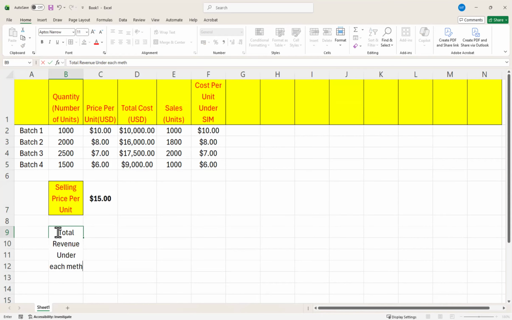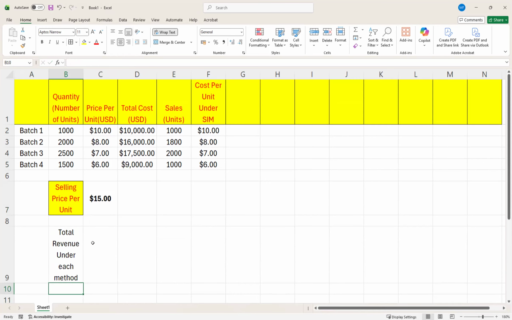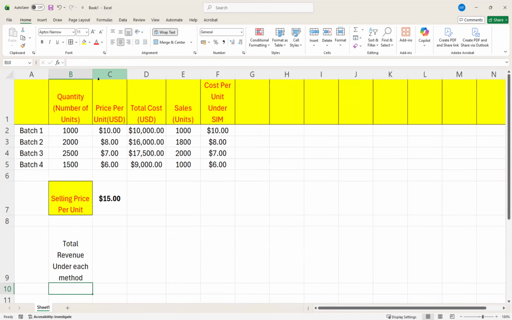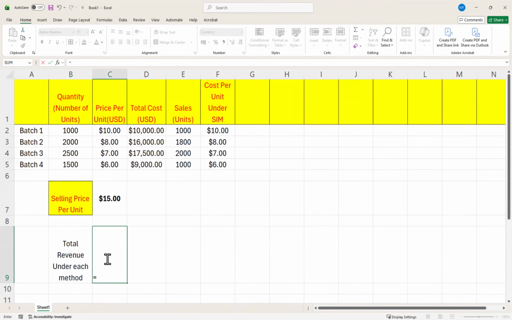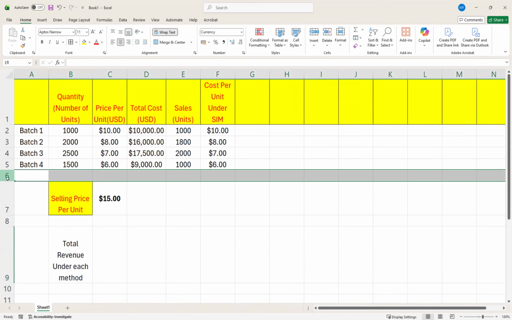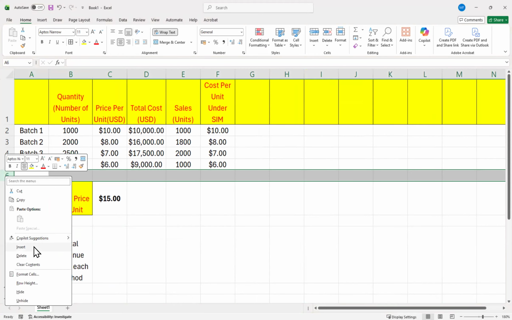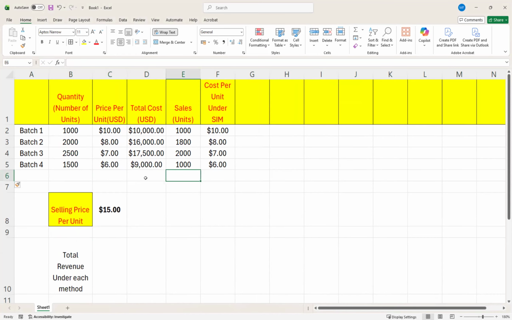So total revenue under each method is equal to the total number of goods which are sold, which will be the sum of this. Let me just add it over here to make it simple.